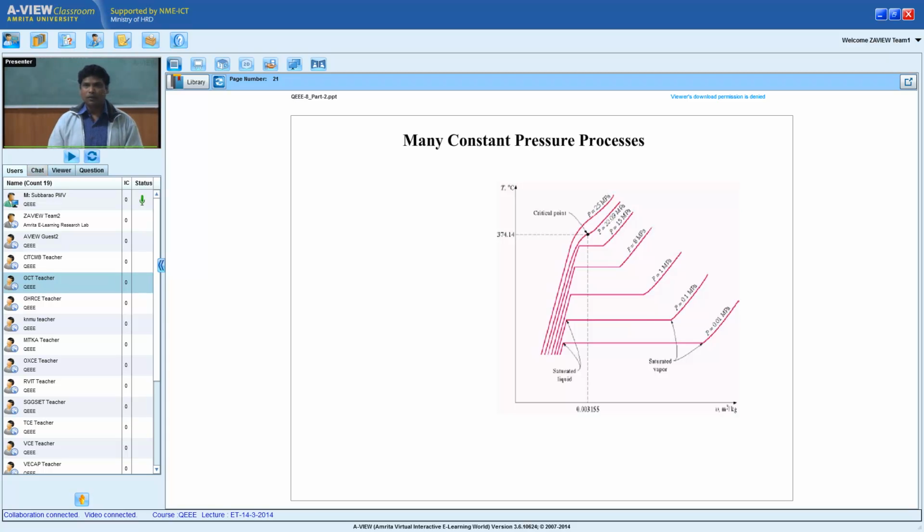So the moment I know what this particular equation is talking about, it is the PT relation. If I go on to see the same thing now on a TV relation, you see each one is a constant pressure. At this temperature, this is the saturation pressure, and if I increase the pressure, the saturation temperature changes again.